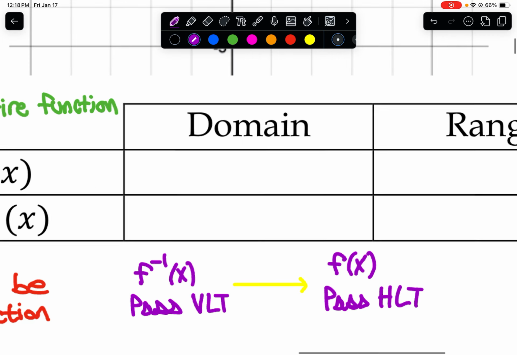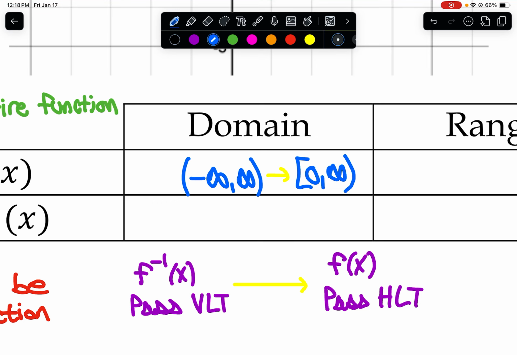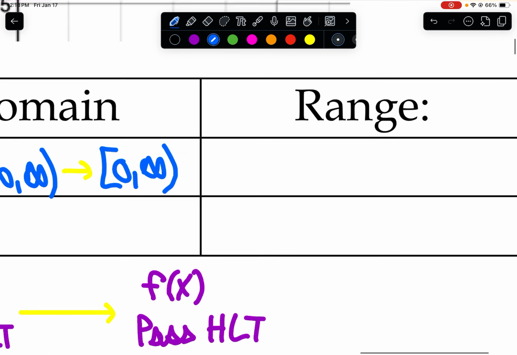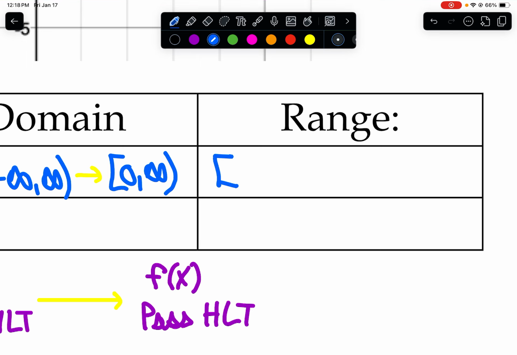So the domain of the entire function is going to be from negative infinity to infinity, but really we're only going to take the part from 0 to infinity. So I'll just write both to be on the safe side. All right, and then the range of my function, for the whole thing, is from 0 to infinity. But when I just consider the part that I have written, it's the same thing.